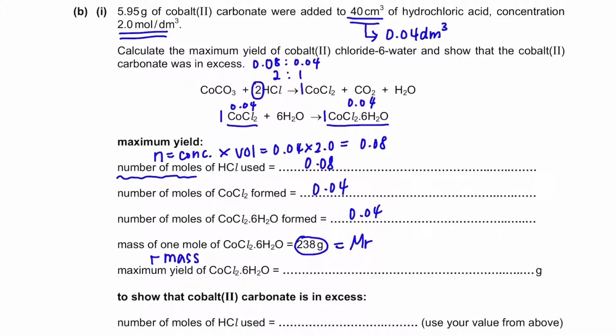So we need to use the formula number of moles equals mass divided by the relative molecular mass. Since we are finding the mass, we can rewrite the equation as mass equals number of moles times the relative molecular mass, and that will be 0.04 times 238, giving 9.52 as the final answer.